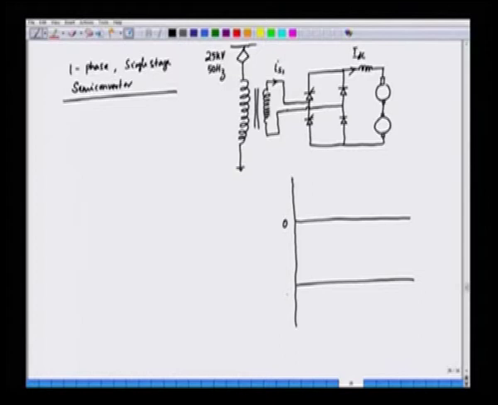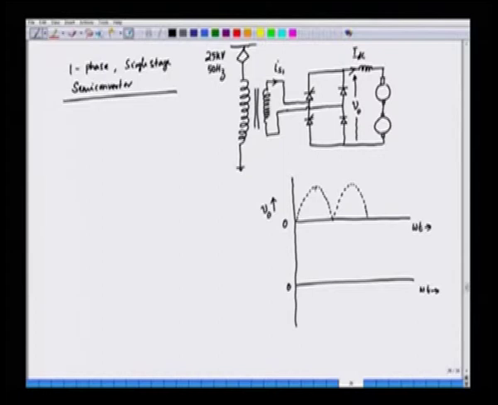The output here is VA, let us say, or VO, the output voltage, and this output voltage for a certain triggering angle will be like this. This is omega t in the x axis, and this is VO, the output voltage, in the y axis.